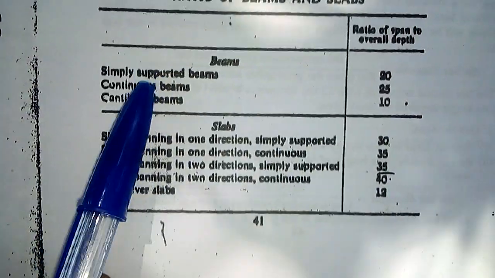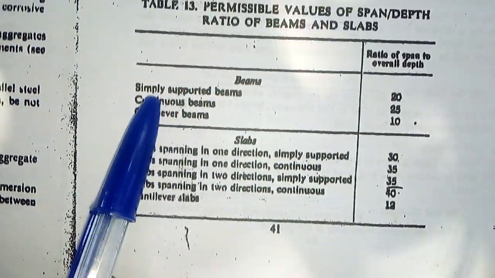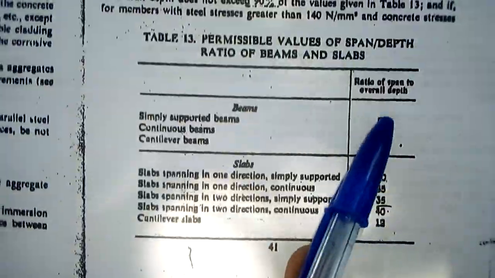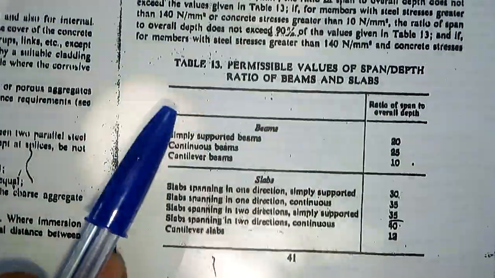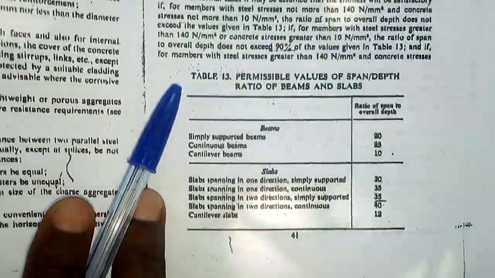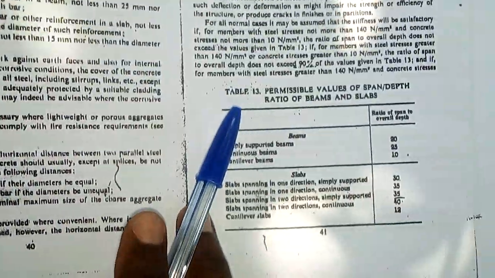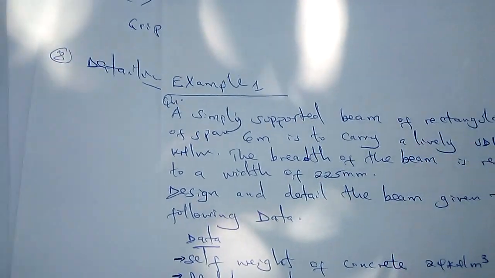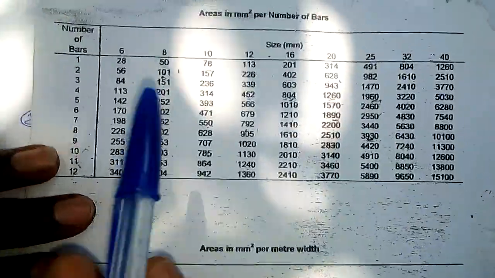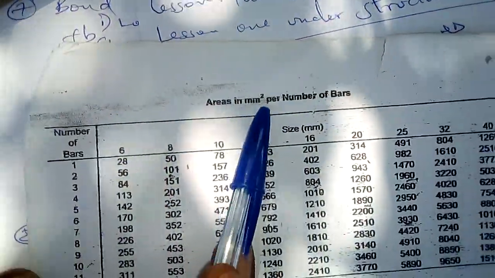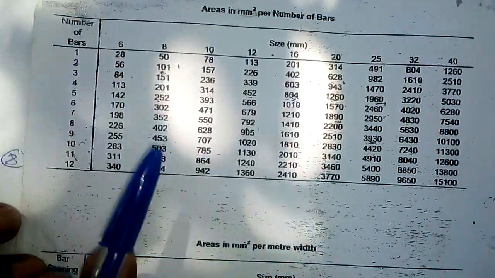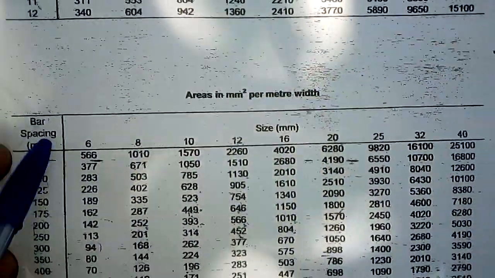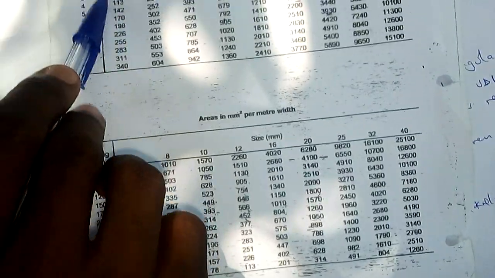But here the beam is simply supported, so we pick 20 as the ratio in determination of minimum depth. Again, we have this table here, area in millimeter per number of bar, and area in millimeter per meter width. This is for spacing, and this is for number of bar.